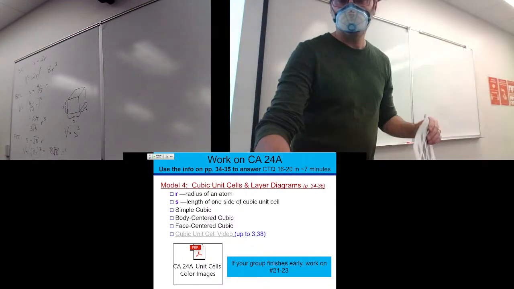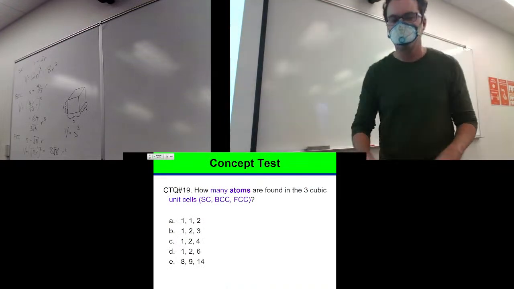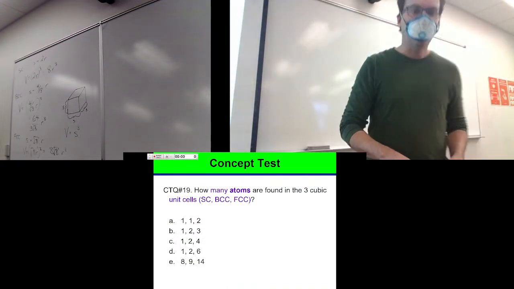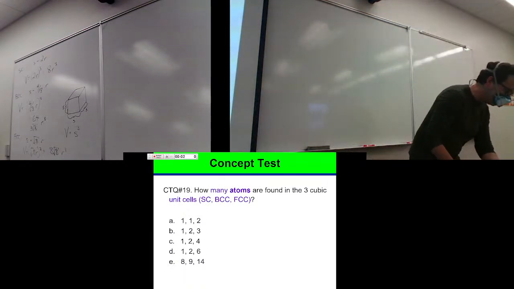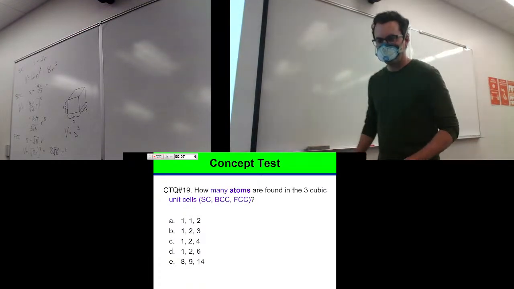Now, well, I won't turn the quizzes on for this one, but, well, actually, why not? Here, this is just kind of sticking into your head. How many atoms are found in these unit cells?